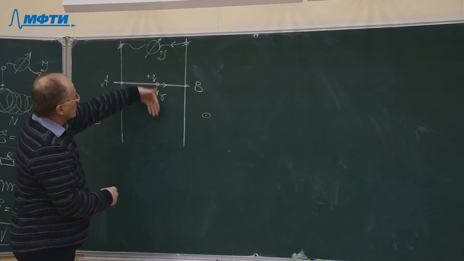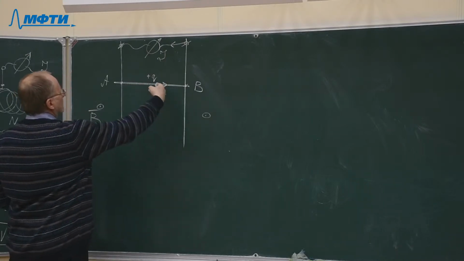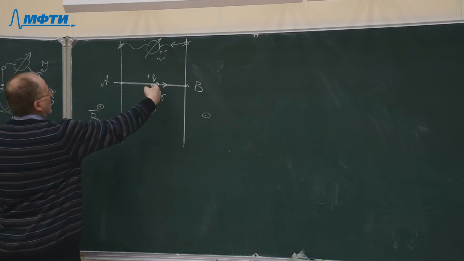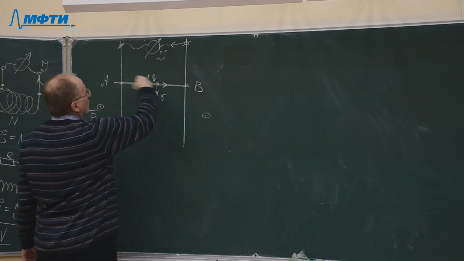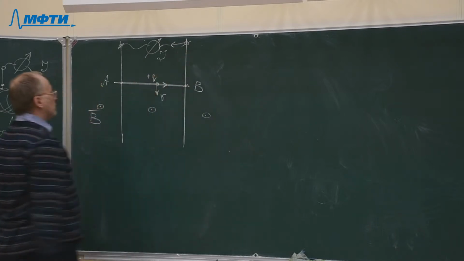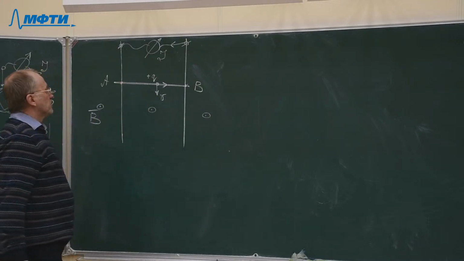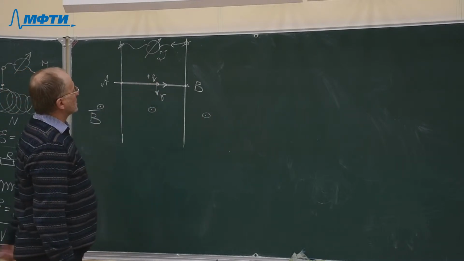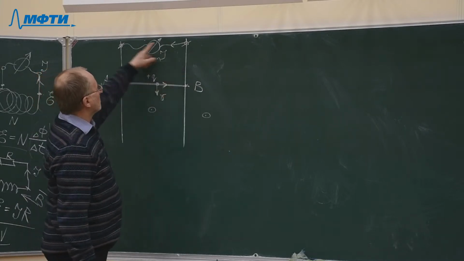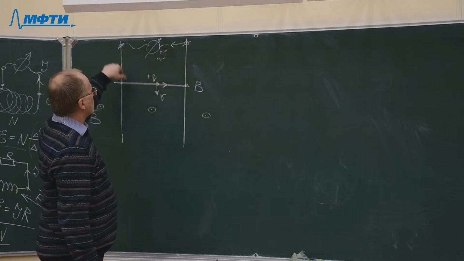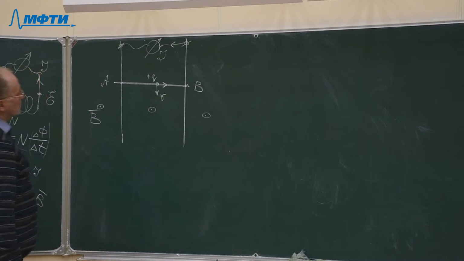A positively charged particle will be acted on in this direction, and negatively charged particles will experience force from the magnetic field in the opposite direction. But the direction of the current is determined by the motion of a positively charged particle, and negatively charged particles will go in the opposite direction.